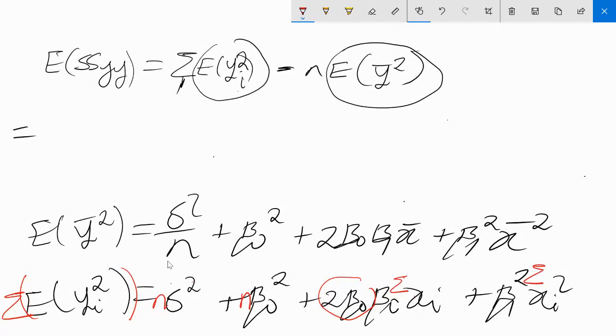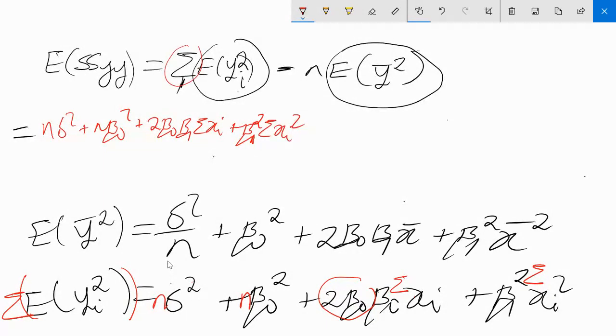And here we'll have summation of xi squared. So the first part is going to be n sigma squared plus n beta 0 hat plus 2 beta 0 beta 1 summation of xi plus beta 1 hat, beta 1 squared, sorry, summation of xi squared.